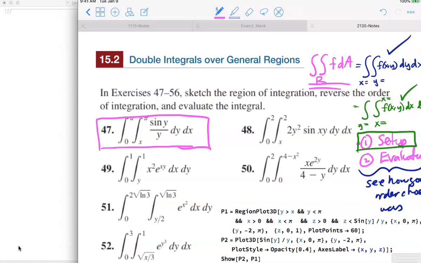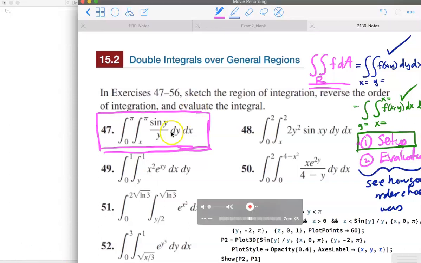Here, for example, is a double integral that has been set up as a dy dx problem. And they are saying in this problem to reverse the order of integration and then evaluate the integral. So you may be thinking, why don't we just do this integral that has been given, integrate dy, and then move on with life, right?